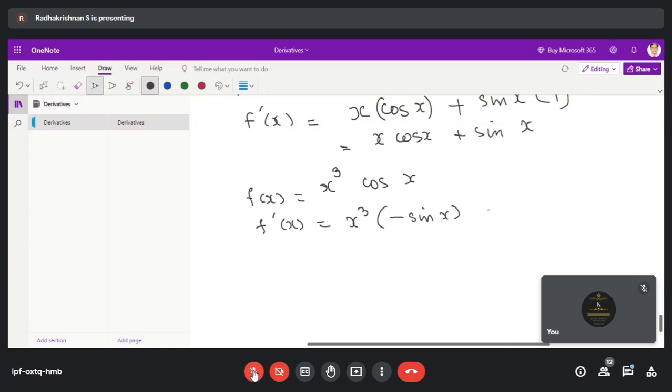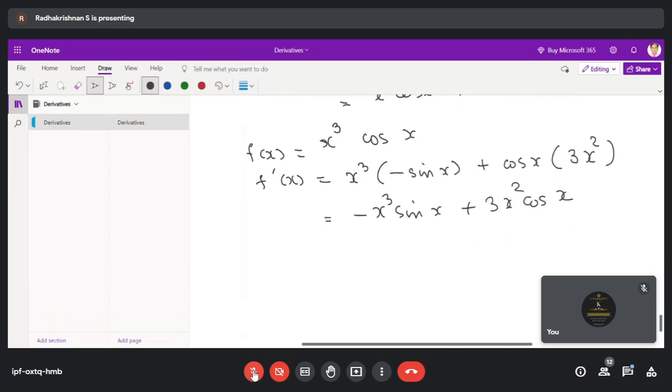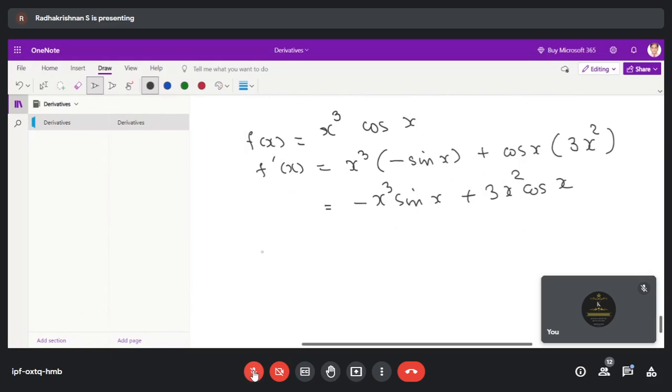Be careful about the sign. Plus cos x into the derivative of x cube, 3x square. So it's very easy, but you have to be careful. That's all.